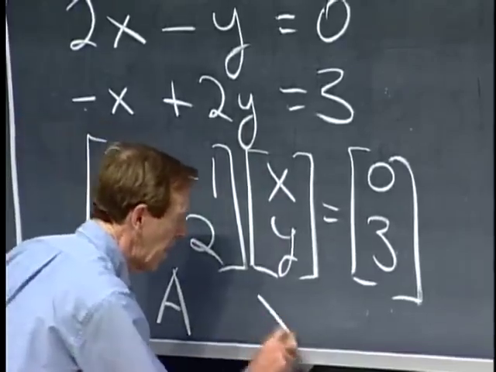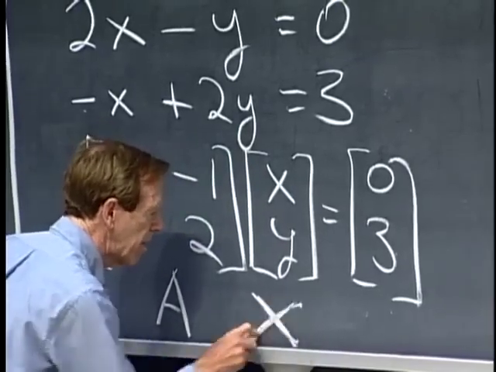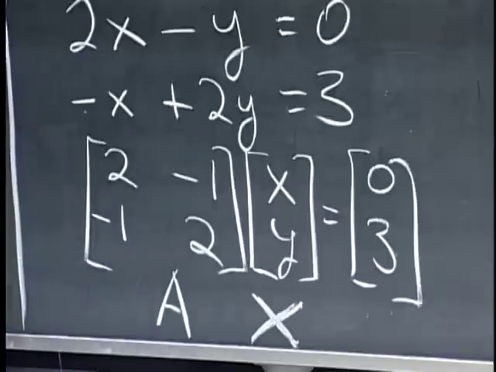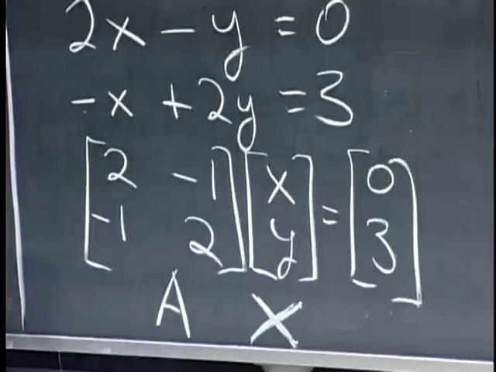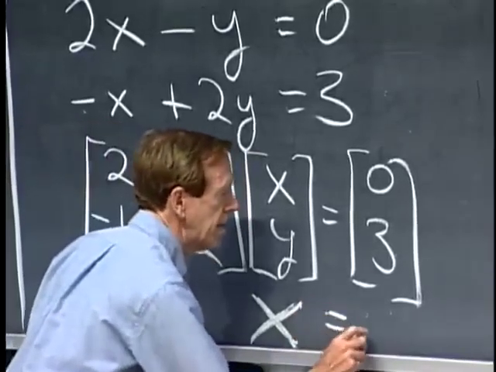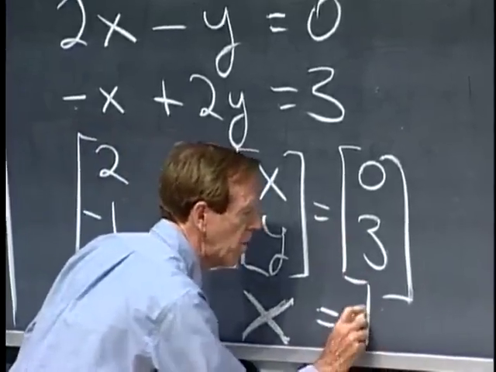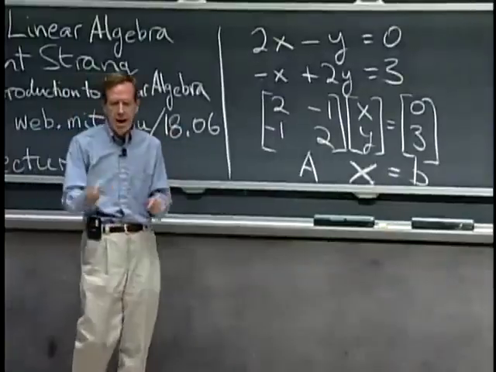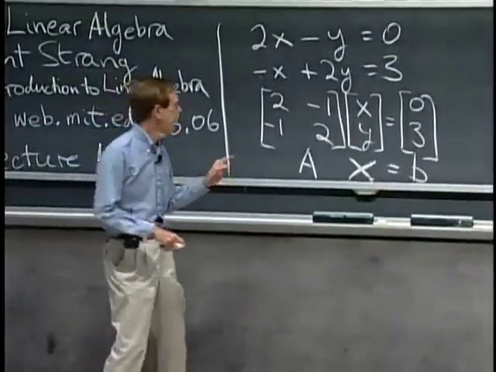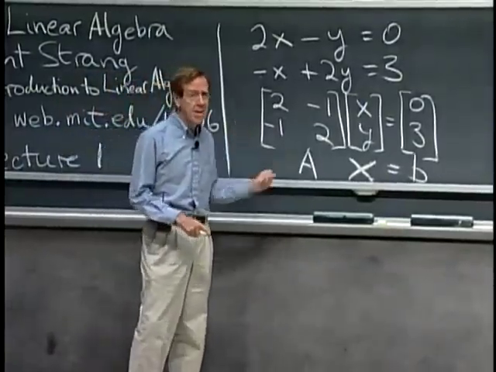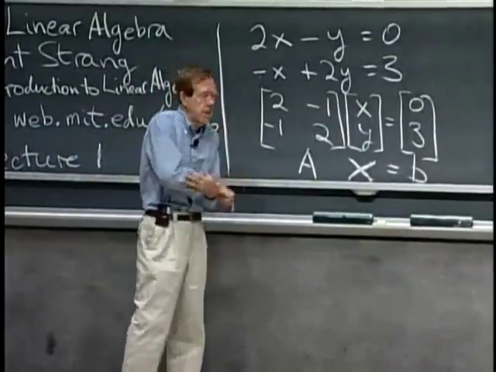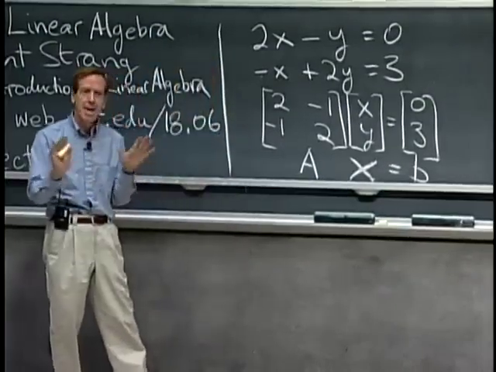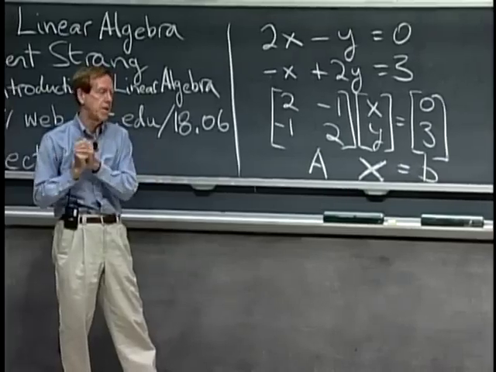And that vector of unknowns, well, I'll make that X extra bold. And the right-hand side is also a vector that I'll always call B. So linear equations are AX equal B, and the idea now is to solve this particular example and then step back to see the bigger picture.